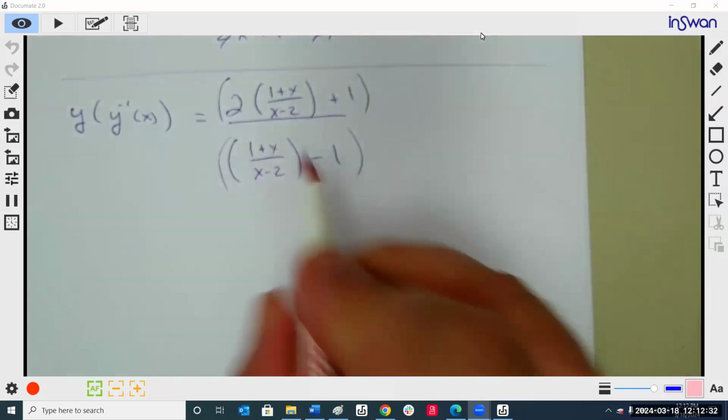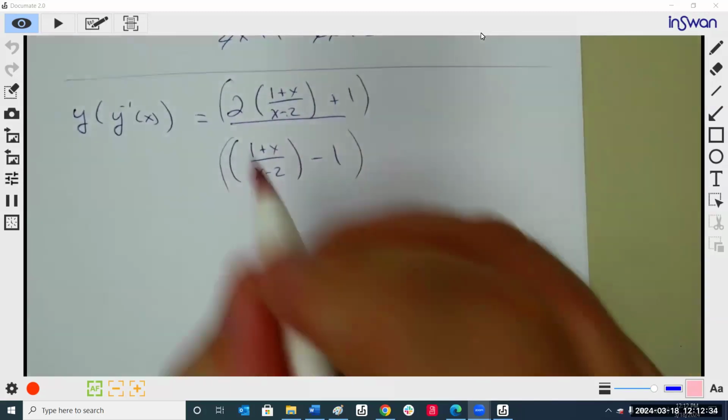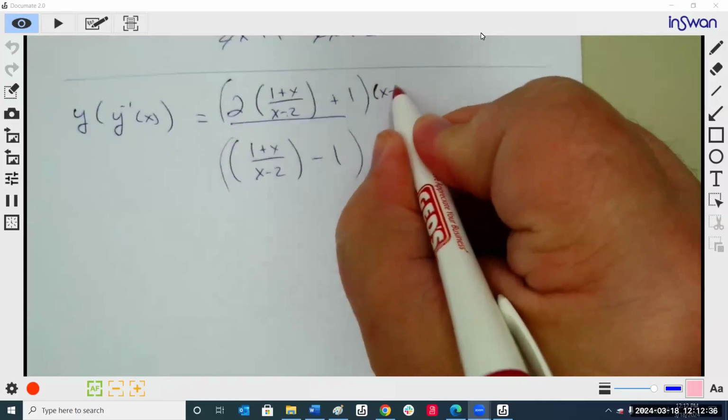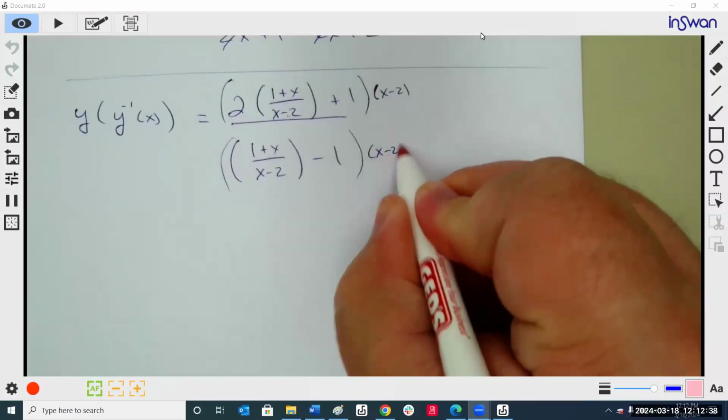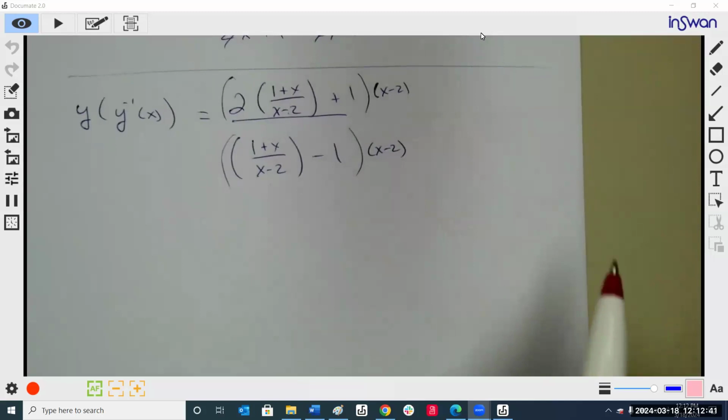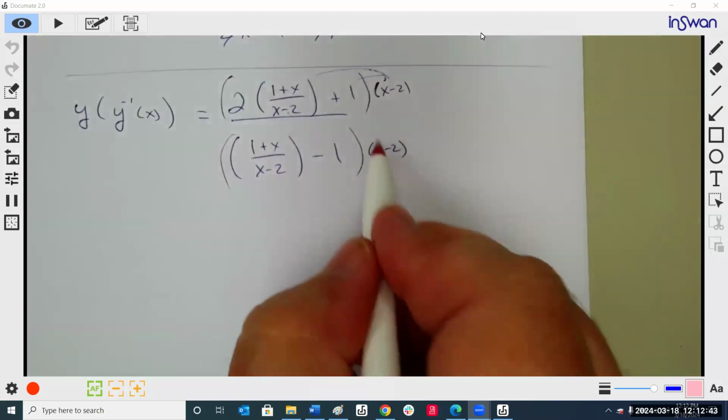Do the same thing there. The LCD is x minus 2.